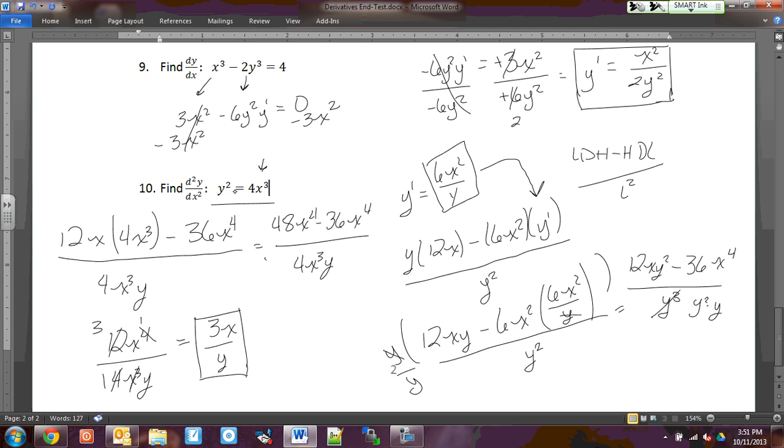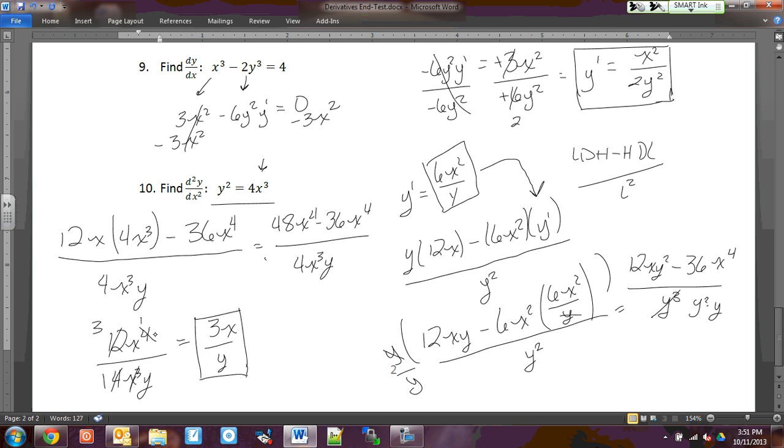We know that y squared equals 4x cubed, so we substituted that in for all the y squareds, giving us this over here, which is 12x times 4x cubed minus 36x to the fourth over 4x cubed y. That comes out to 48x to the fourth minus 36x to the fourth over 4x cubed y. Then of course we subtracted this out because they have the same variable with exponent.